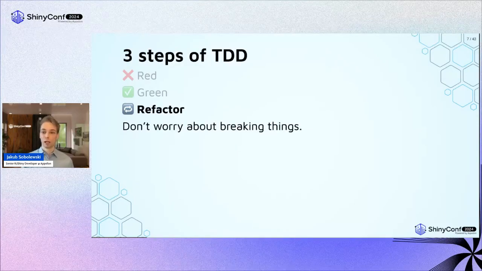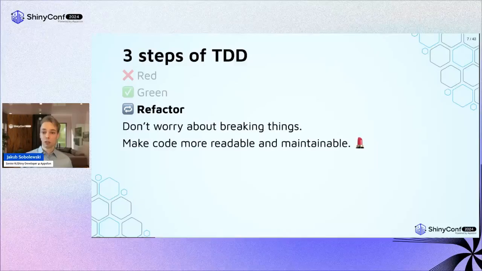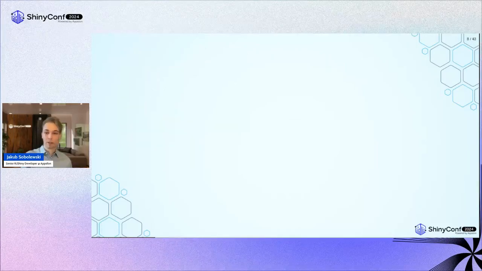If written well, tests don't constrain us. They empower us to make bold changes. And we don't only want to have working code. We want to have good code. We can spend some time to make this code cleaner and easier to understand. We might also want to optimize it.